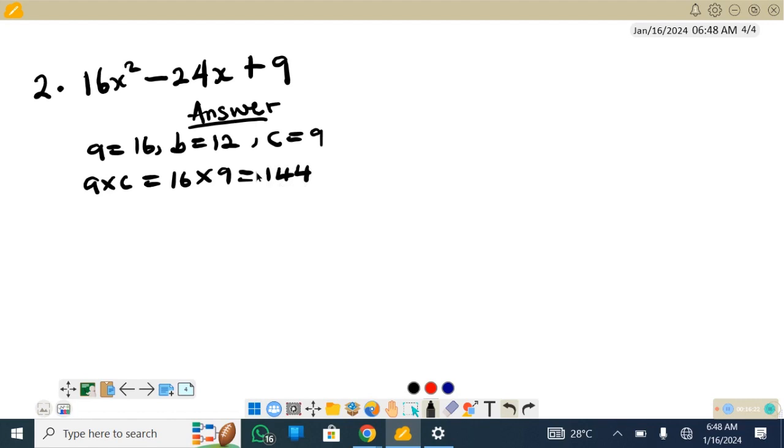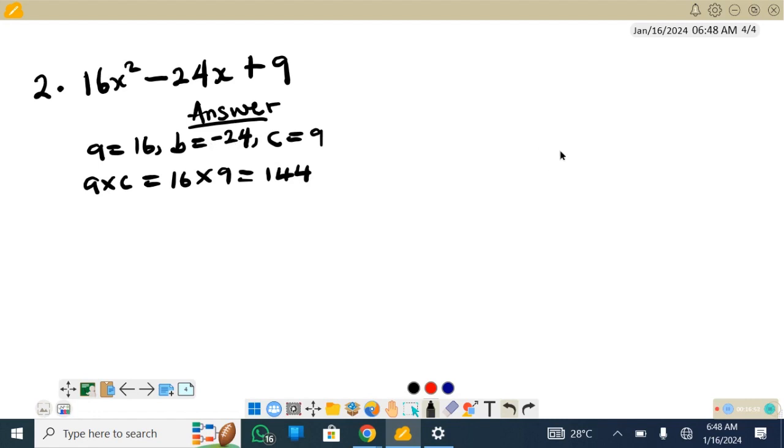So we are going to look at the two numbers. Oh, we made a mistake here. We have that B equals to minus 24, not 12. So let's clean that. Minus 24. That's right now. So we are looking for two numbers that can multiply to give us 144, and when we add them, we'll get minus 24.